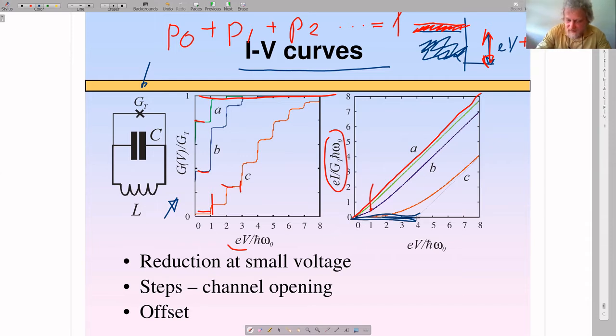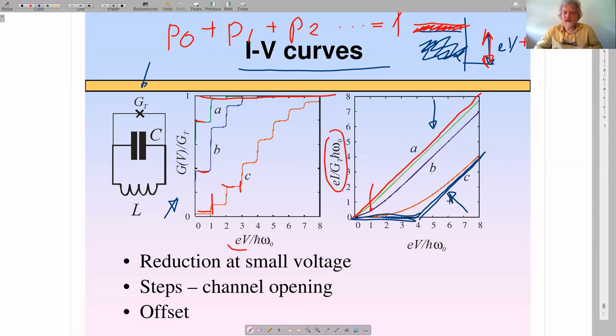And then, as we know from Coulomb blockade theory, it increases linearly above the threshold. That's the message. Coupling to the environment can be different. If the coupling is small, the IV curve is almost linear. If the coupling is strong, it approaches the Coulomb blockade limit.